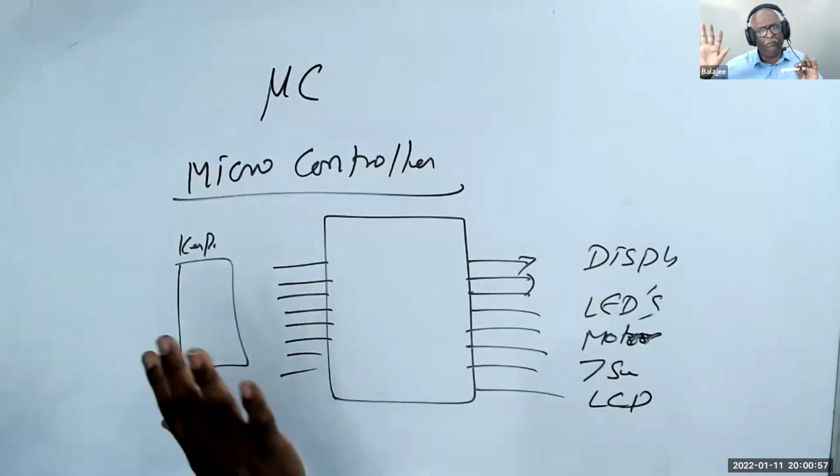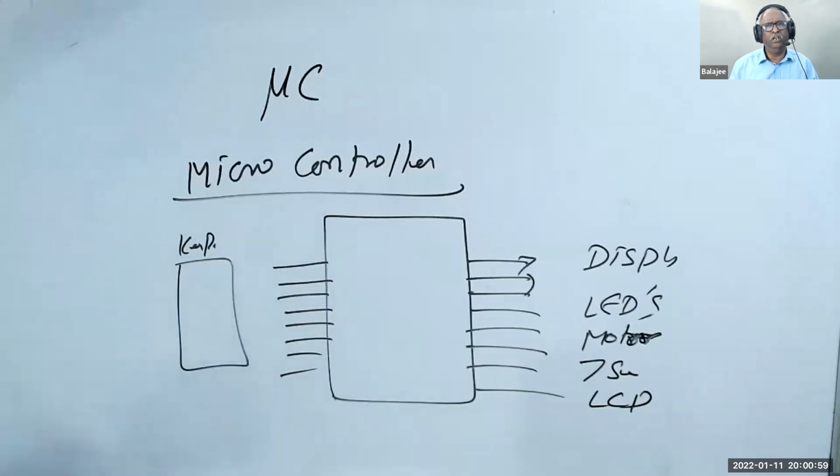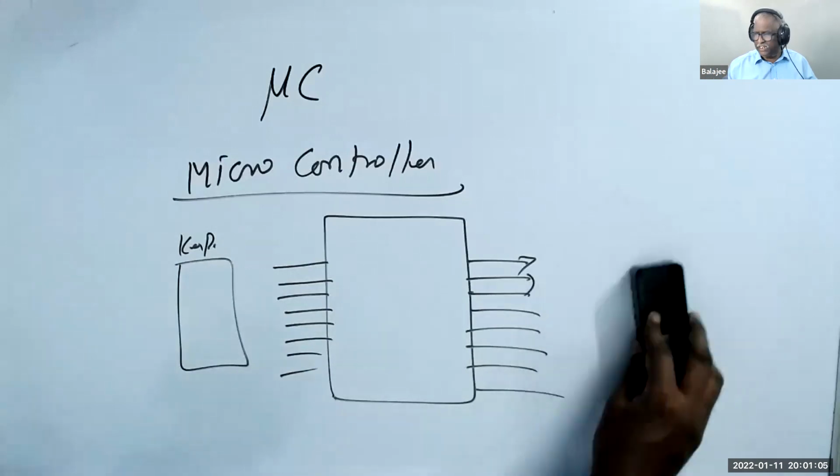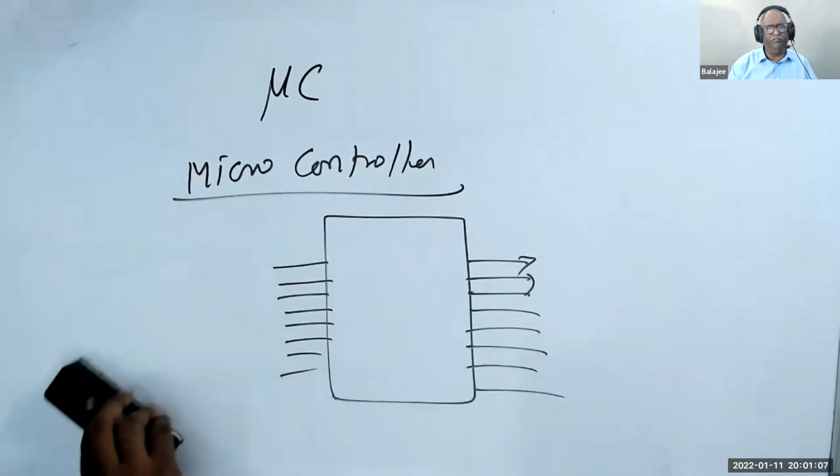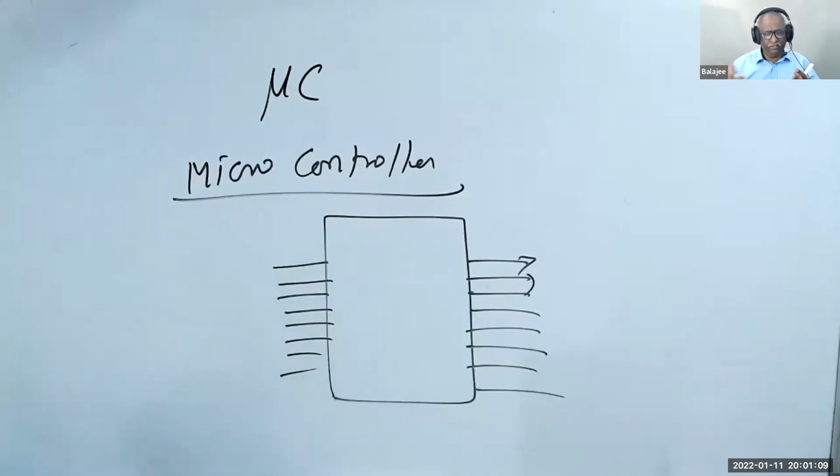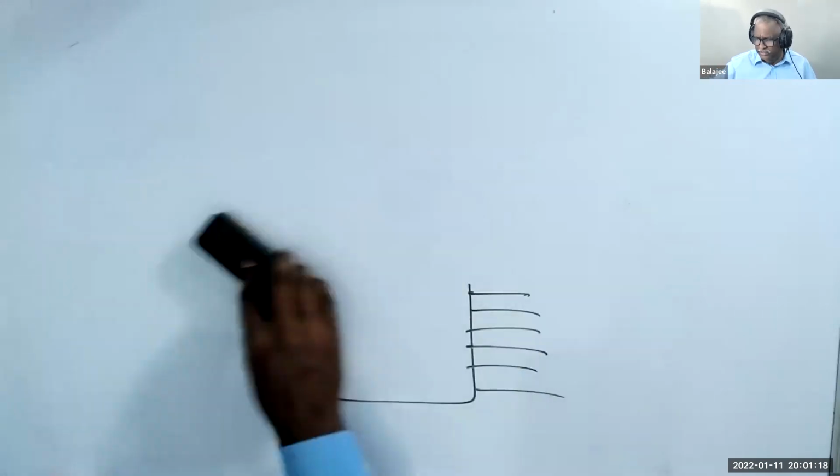See, this is the basic. Now, how are we going to control all these things? That is what we are going to discuss very thoroughly in our embedded system programming session. So if you have any doubt on this, you can ask me.